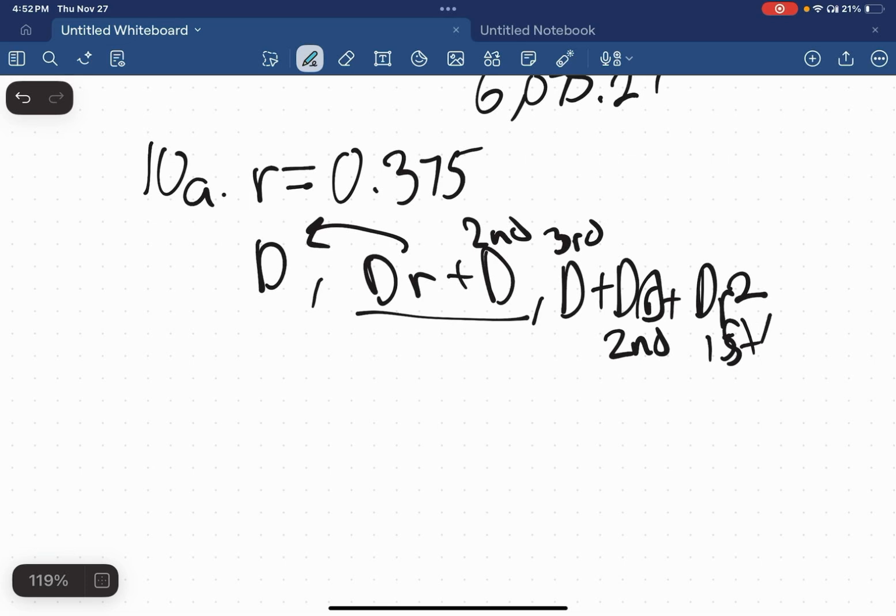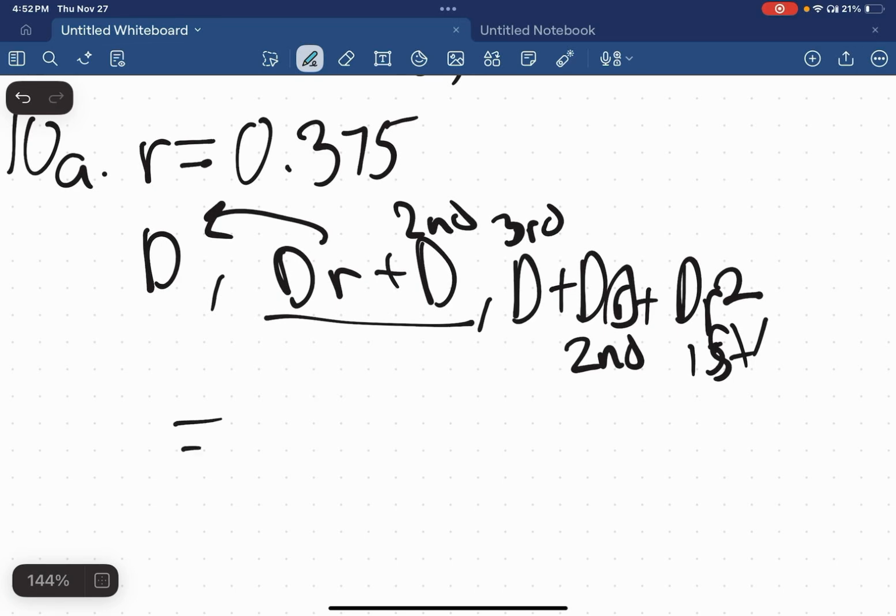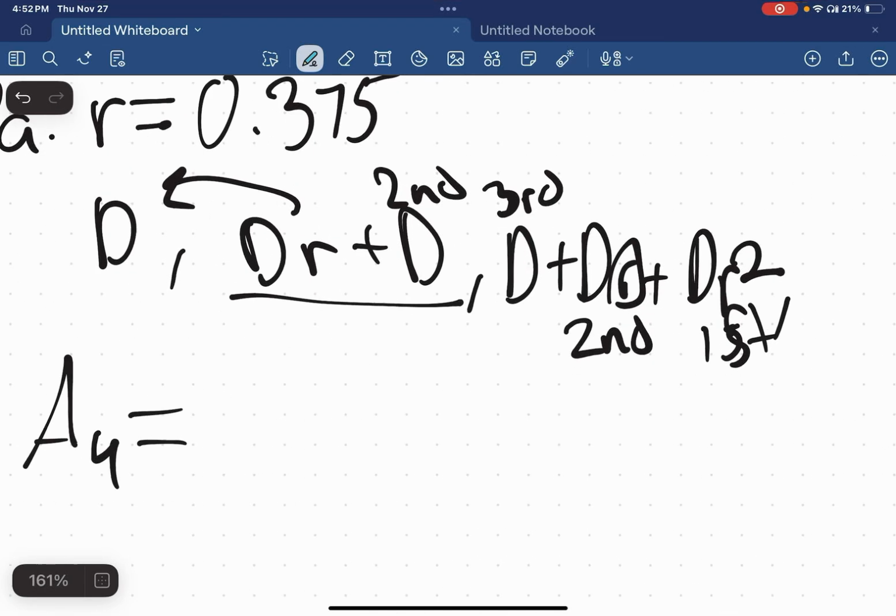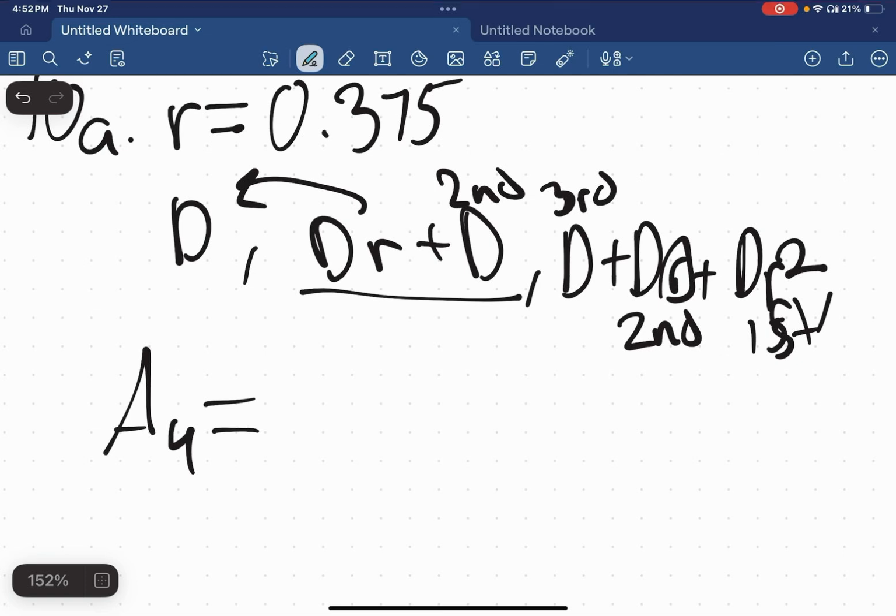And then after the fourth dose, you know how that's going to be D plus DR plus DR squared plus DR cubed. So that gets us the equation that the entire value of this blood, or the amount of medicine left after 4 doses, is going to be D, the original amount, plus all the rest of these ratios.